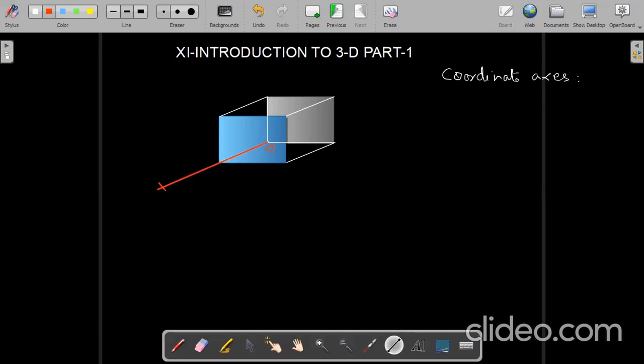This is the first line, and it can be extended backside also.